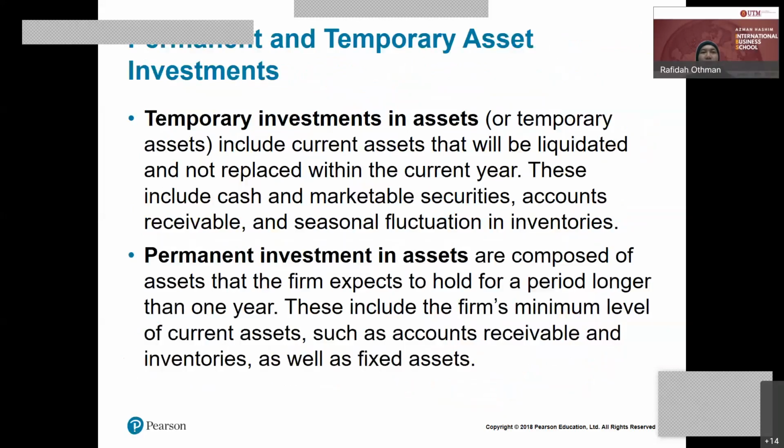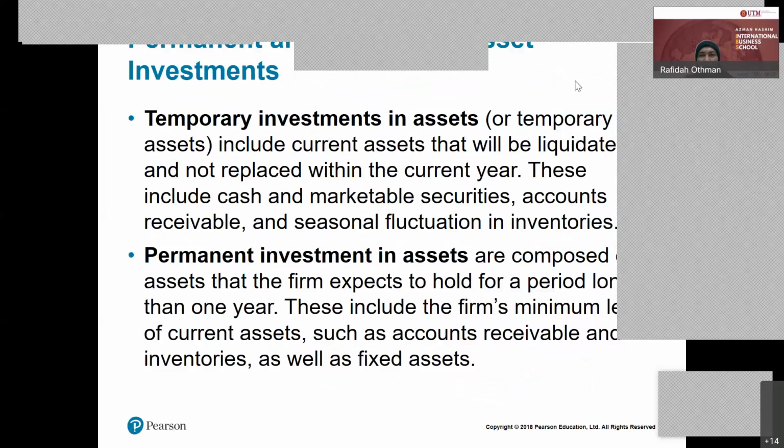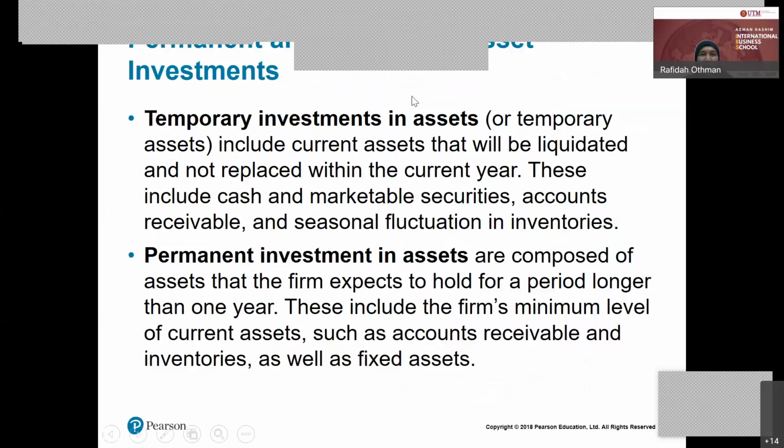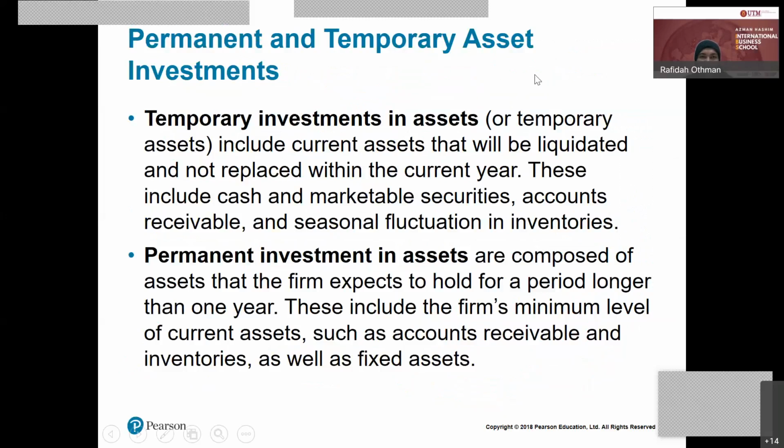Another aspect you have to look into in working capital management is your investment: temporary investment and permanent investment. Permanent investment includes your fixed asset and your minimum level of current assets such as account receivable and inventory.